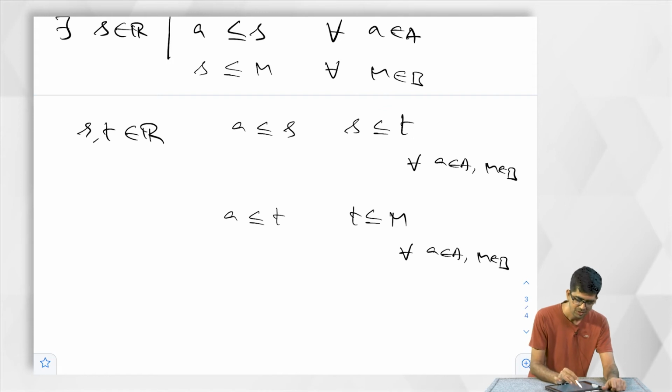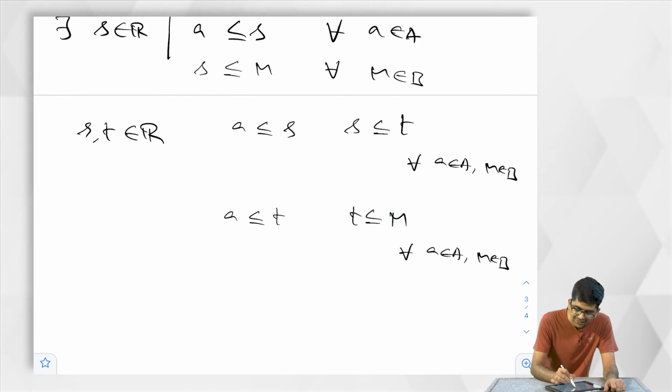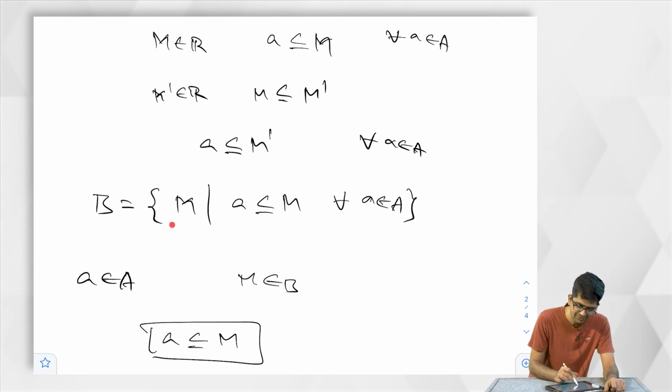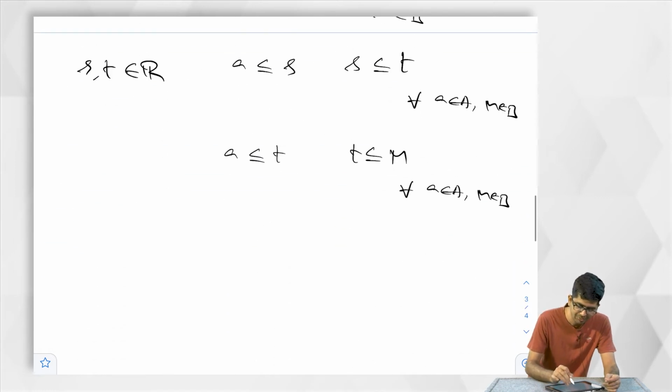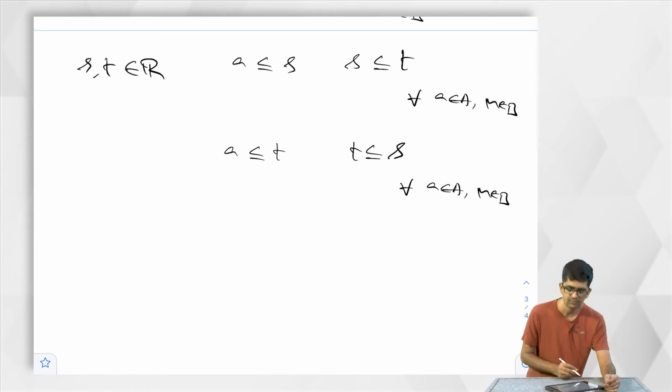Now, I think you know what I am going to do. For the second thing, A is less than or equal to T, and T is less than or equal to M, for every M belongs to B. In particular, S is also an element of B, because that is the definition of B, right? The set of all elements which are greater than or equal to A for every A belongs to A. So, in place of M I can just write down S here, right.